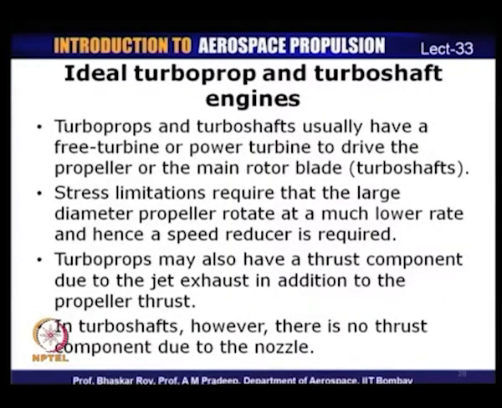in both these engines, turboprops as well as turbo shaft engines, they usually have a free turbine or a power turbine, which is used to drive either the propeller in the case of turboprops or the main rotor blade in the case of turbo shafts.